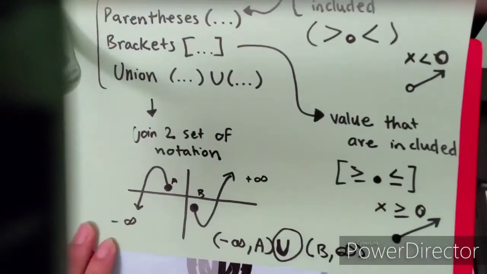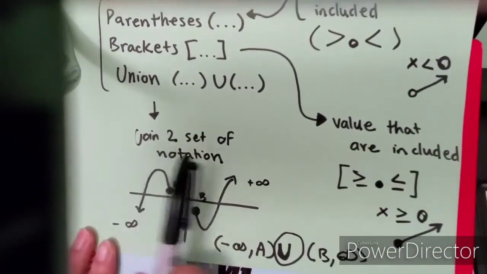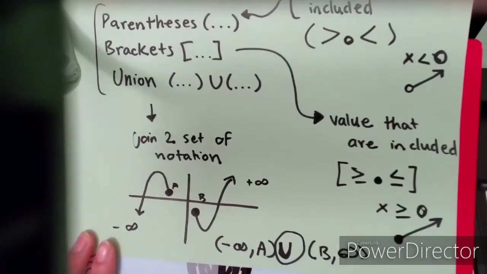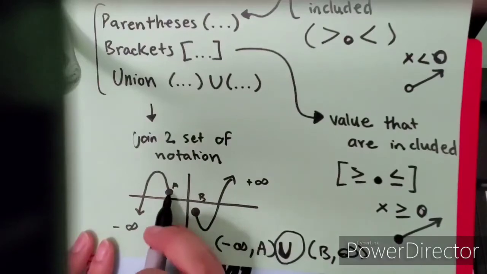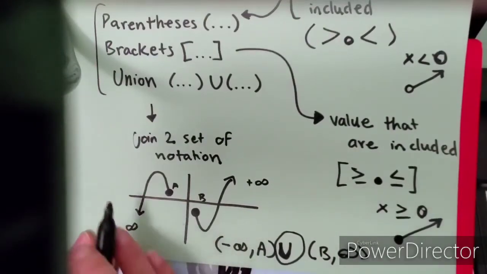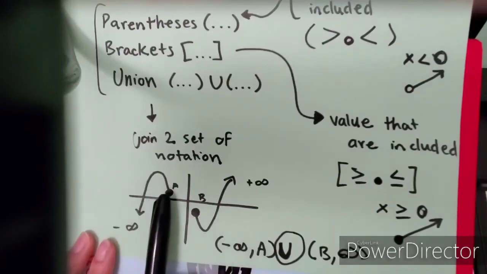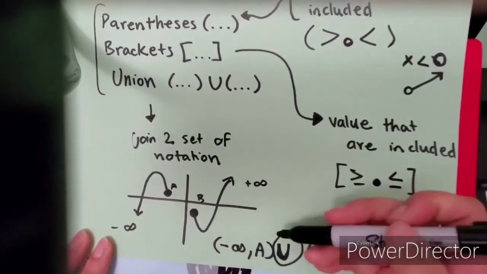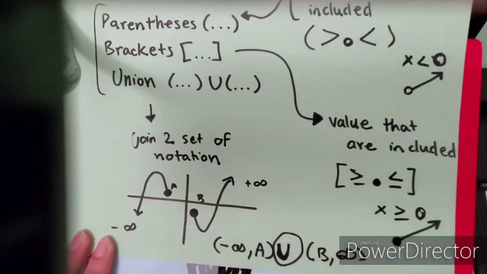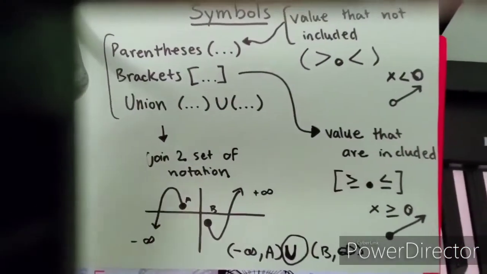So basically, as you can see from the graph, it has a break right here where there isn't any point of the graph. So from this point to here is part of the graph, and it takes a break here, but from this point and this point is also part of the graph. So a union basically kind of joins them together. And that's all for the symbols.